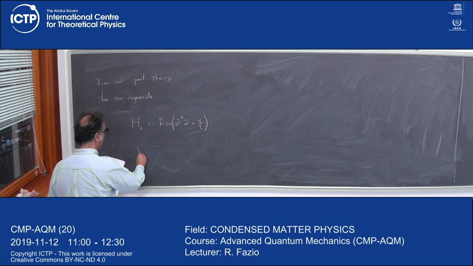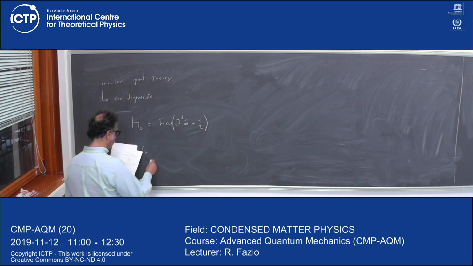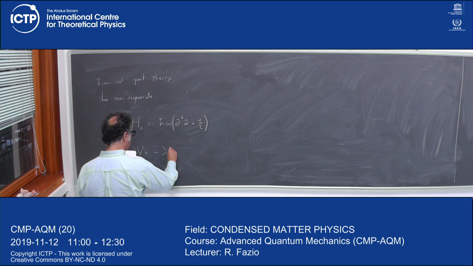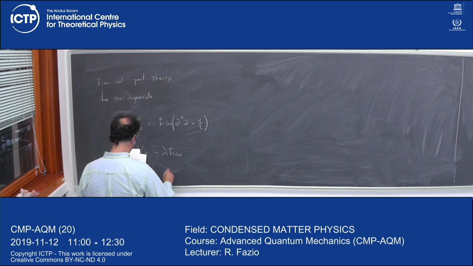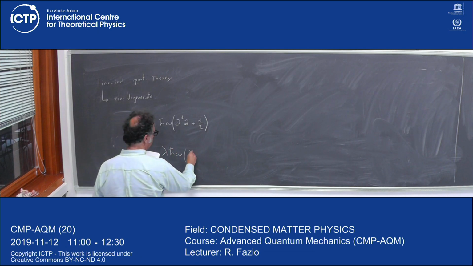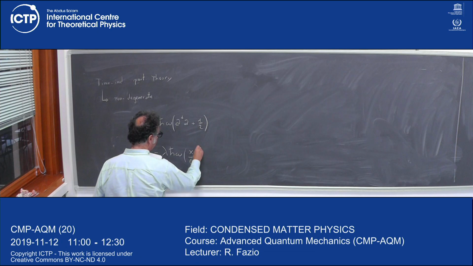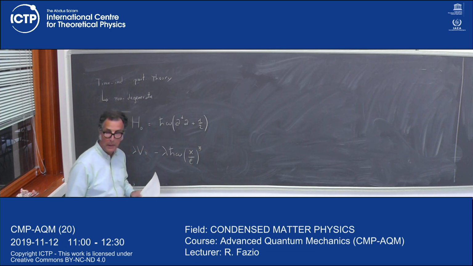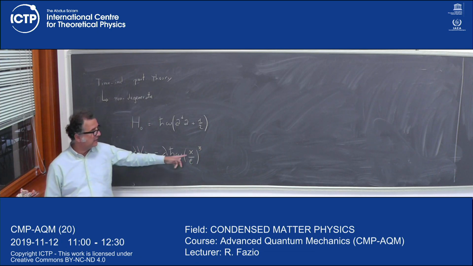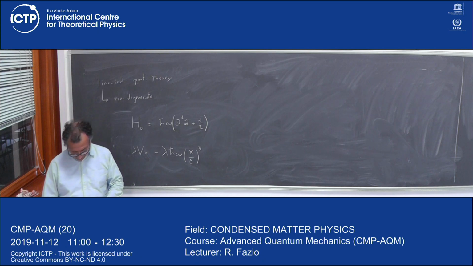Then lambda V is minus lambda h bar omega x over L cubed.